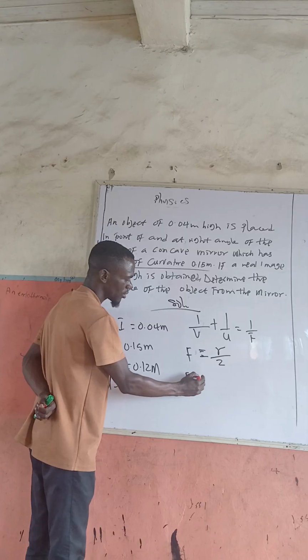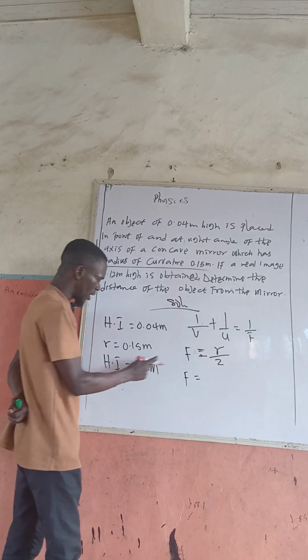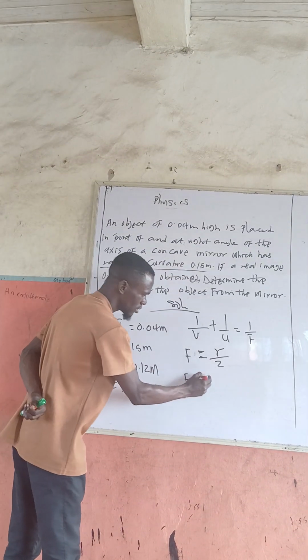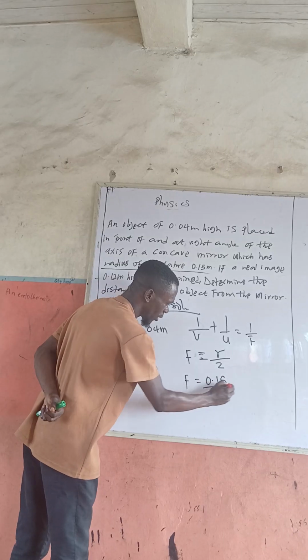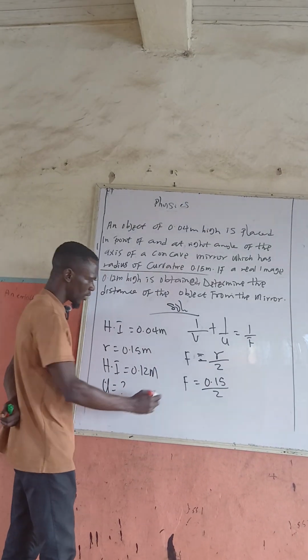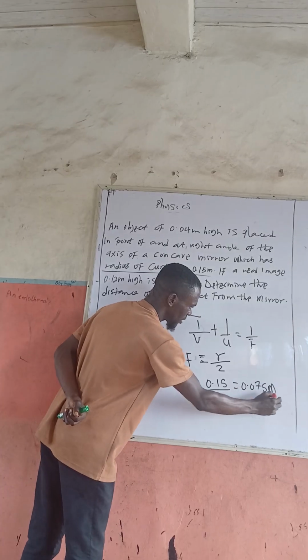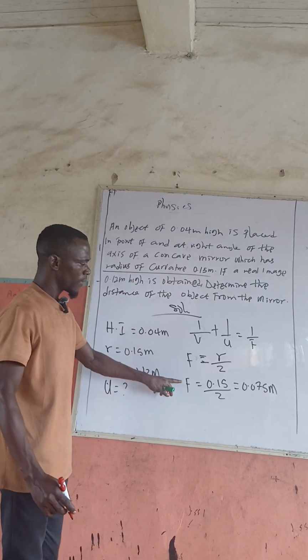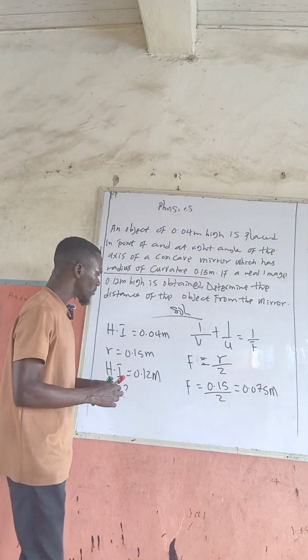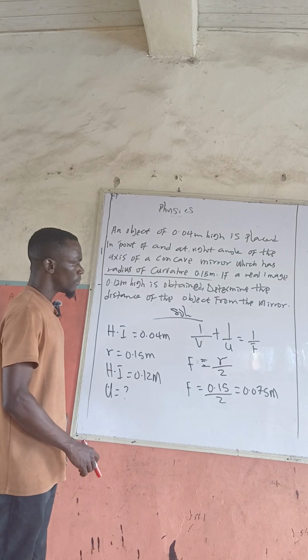Focal length equals 0.15 over 2, which will give us 0.075 meter for the focal length. So now we have found our focal length.